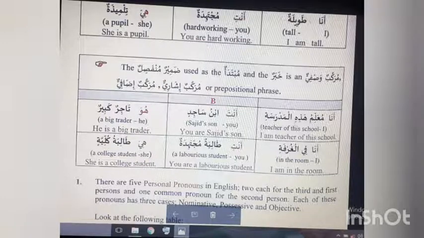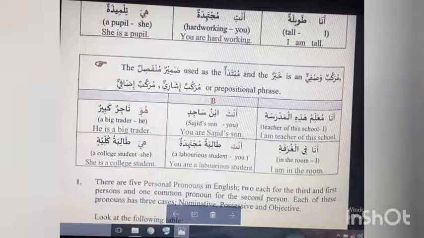Possessive phrase. Now see, أنت ابن ساجد. أنت ضمير منفصل. ابن ساجد is مضاف and مضاف إليه. Again we see here the khabar, the predicate, is what? Possessive phrase.